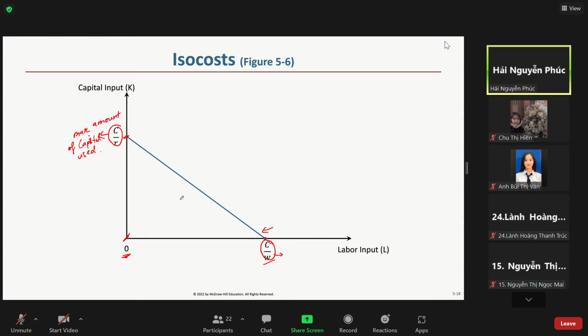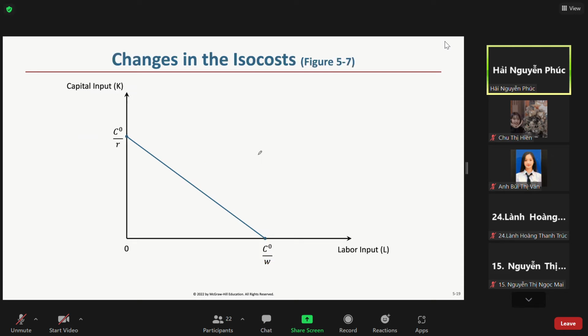So pay attention to the intercepts. And here is the equation, the function of the isocost line. Once again, the slope of the line is minus W divided by R.